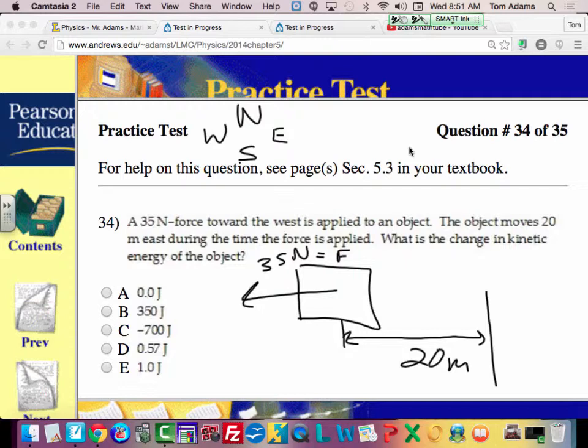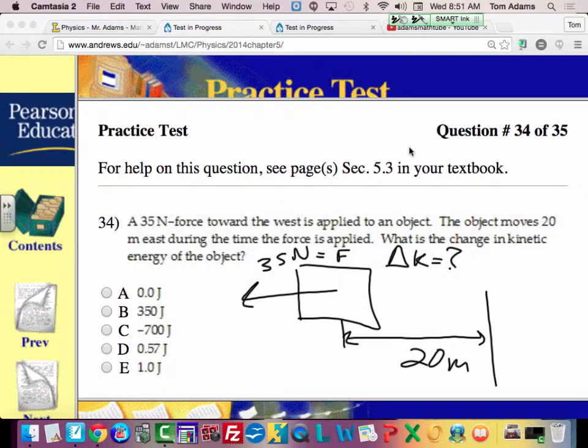And then it says, what's the change in kinetic energy of the object? So to find the change in kinetic energy, we're really looking for delta K, right? That's what we need to know. What's the problem with finding delta K?